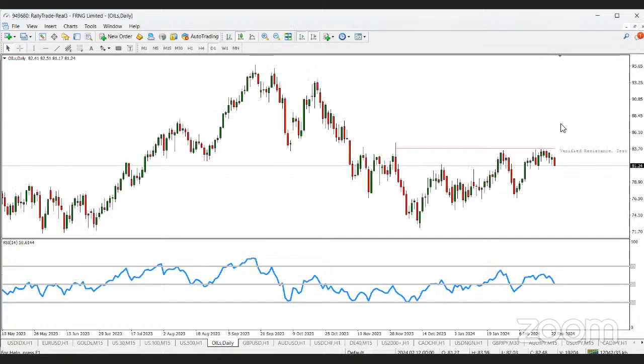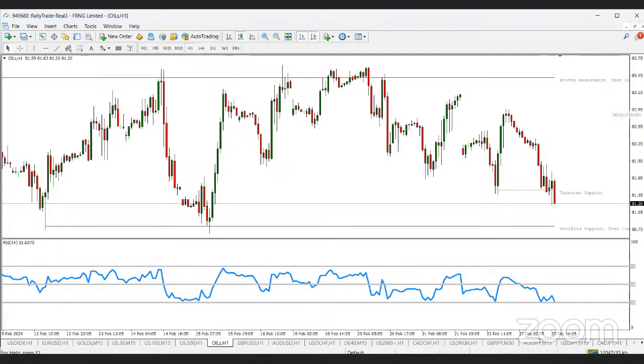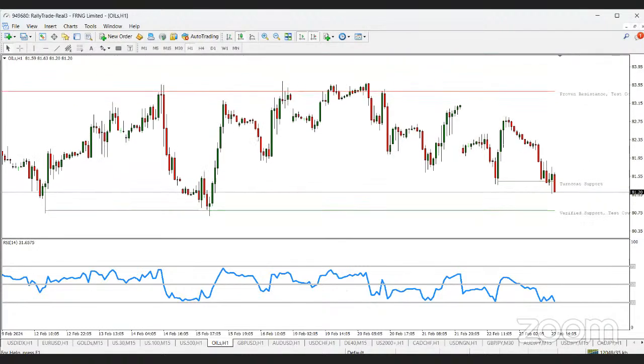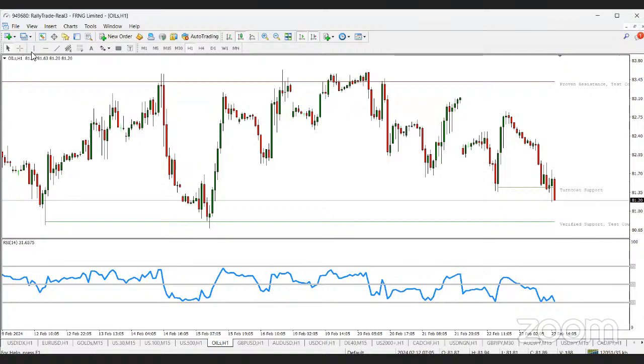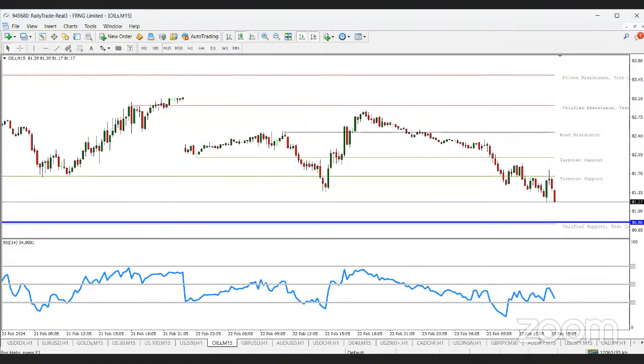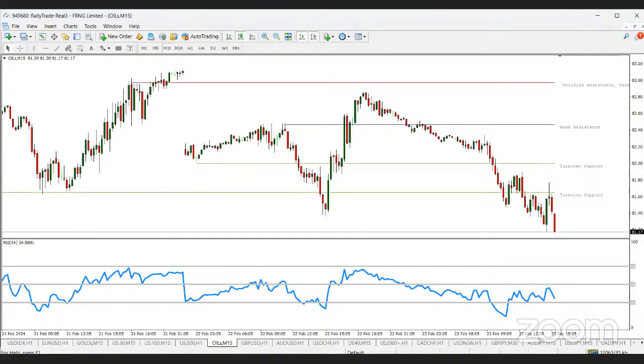Okay, so this is oil. Oil has finally been rejected by this resistance, and oil can be seen trading bearish. If not for anything, at least we expect oil to approach this particular strong support here. So I feel like this is actually a good trade to sell oil.